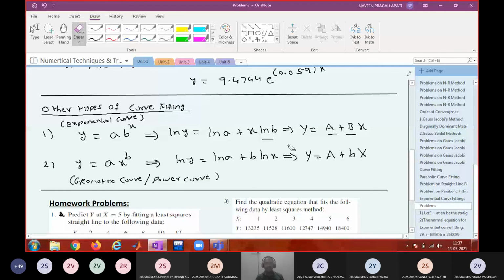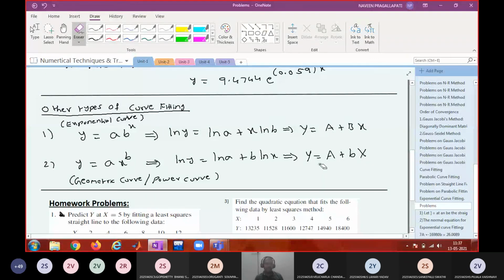Similarly, the other form of the curve, called the geometric curve, is y equal to a x power b. If you take logarithm on both sides, log y equal to log a plus b log x.